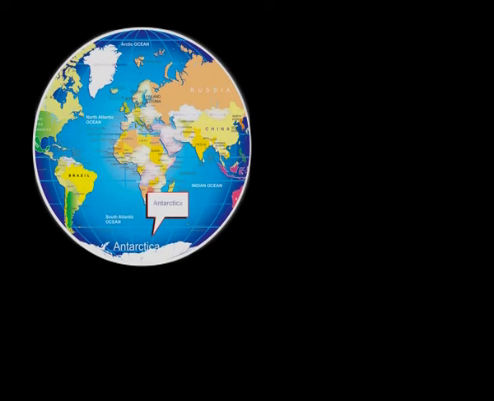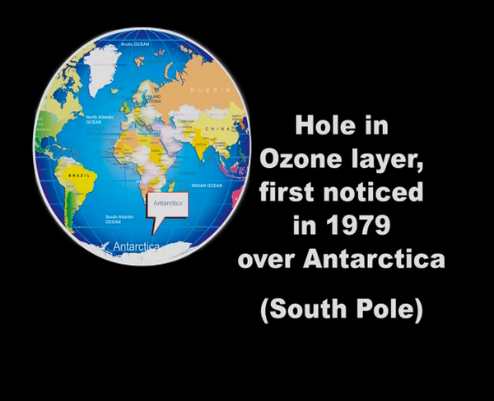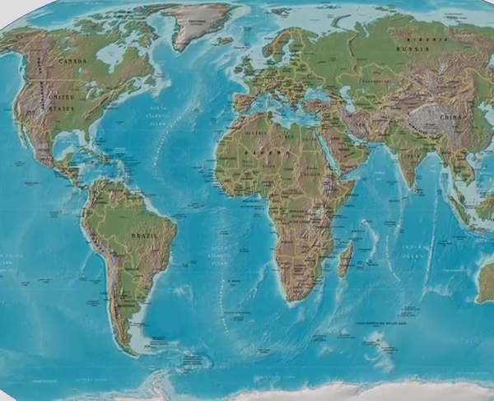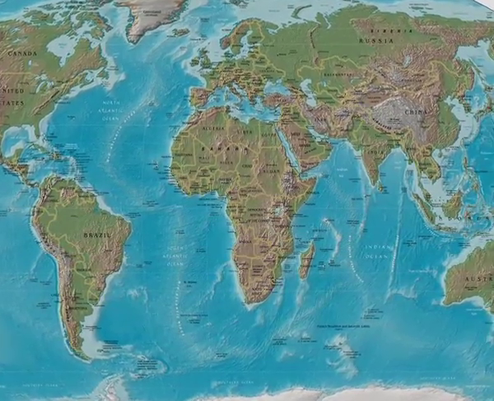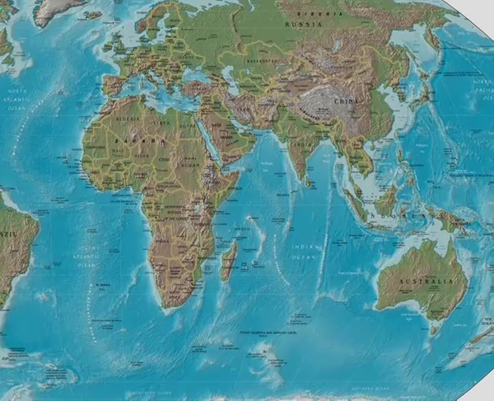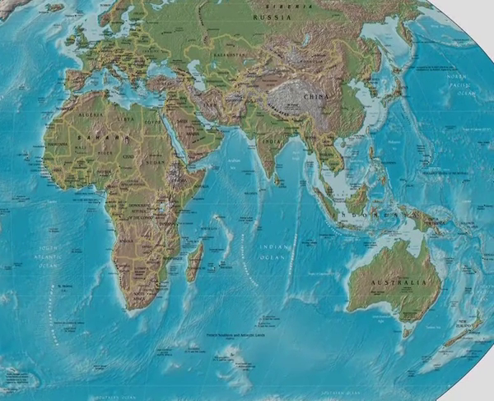Now, let us see the discovery of ozone hole in the atmosphere. First, the ozone hole was noticed in 1979 in Antarctica, that is in South Pole. Its area is increasing every year and it has been found now to cover South Australia and New Zealand too.